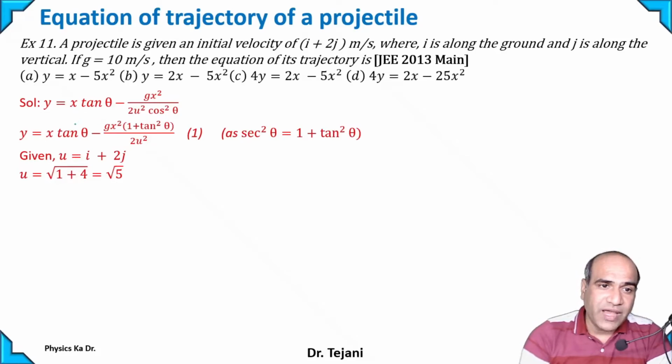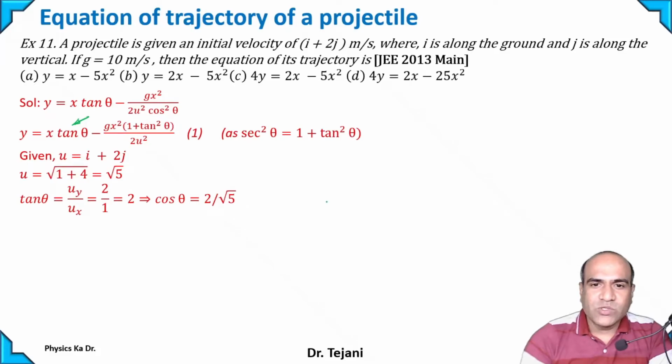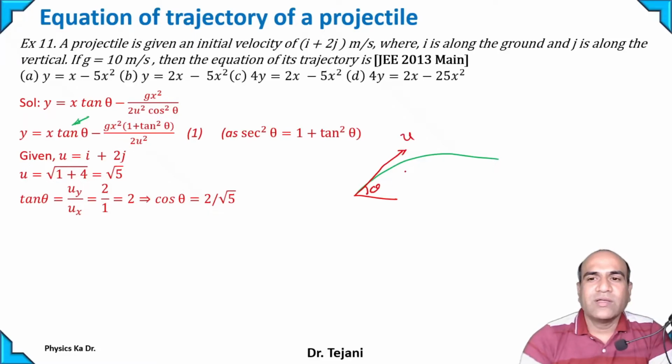Then we need tan theta. So see, this is our projectile, and if this object is projected at some angle theta, having u velocity, right?